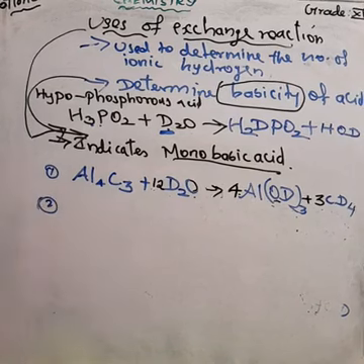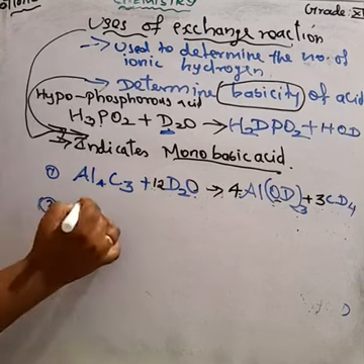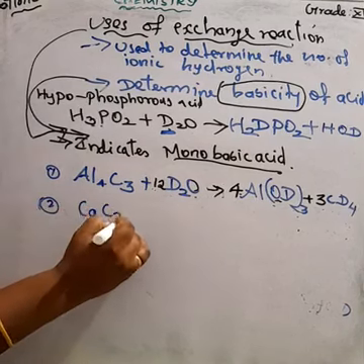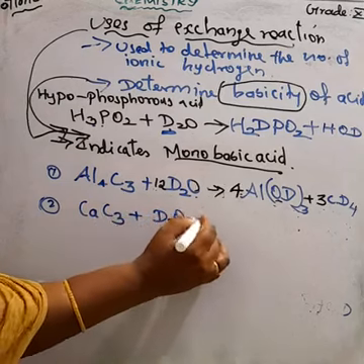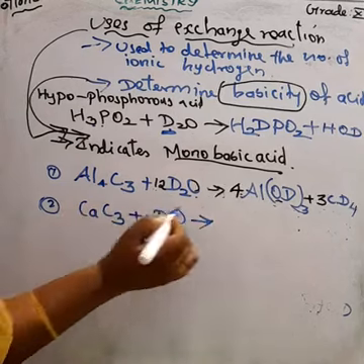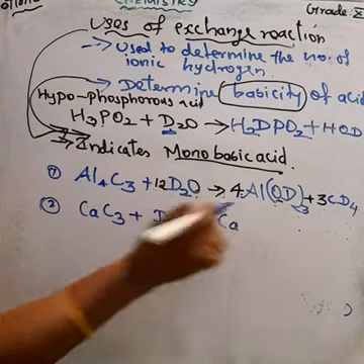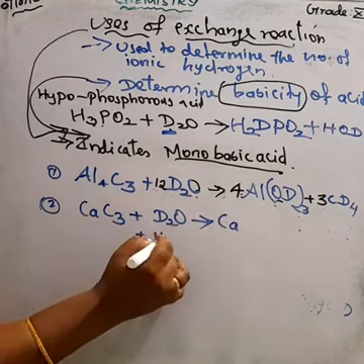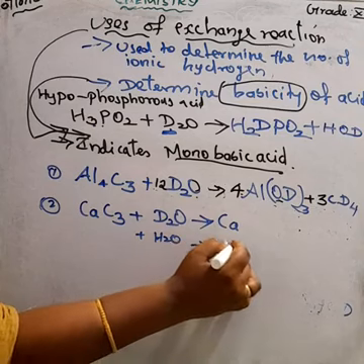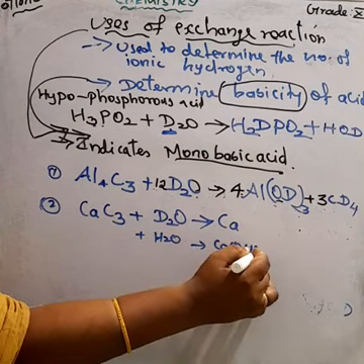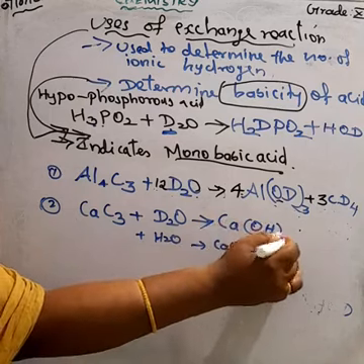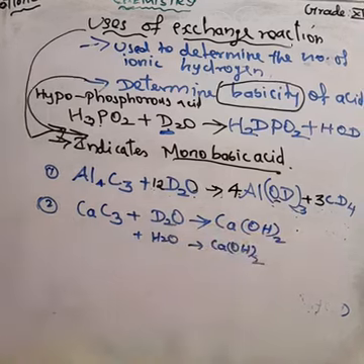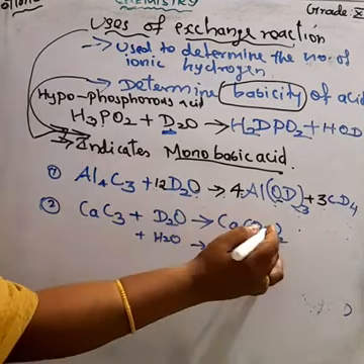Another example is calcium carbide, another chemical compound. When treated with deuterium oxide, we get calcium deuteroxide. When calcium carbide is treated with ordinary water, we get calcium hydroxide. But here we are using only deuterium oxide, so we get calcium deuteroxide, understood?